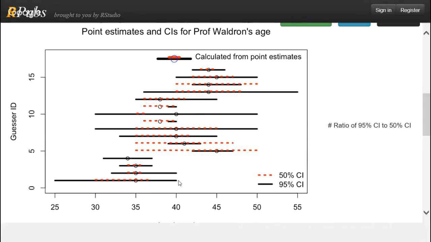Maybe I should use a different word than confidence here. They both have the same confidence. They both have 50% confidence and 95% confidence, but they both have different estimations of their ability to guess ages. So this one feels they have less ability to guess ages and need a larger confidence interval to have the same confidence.